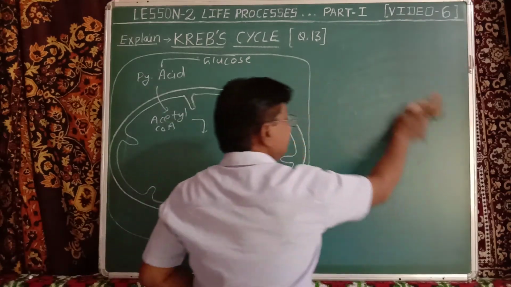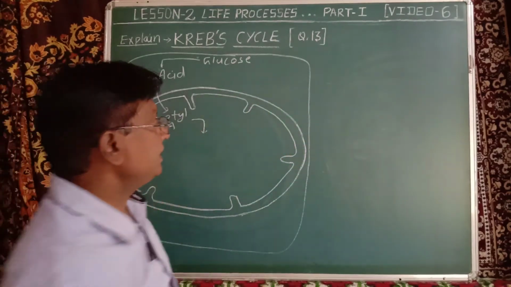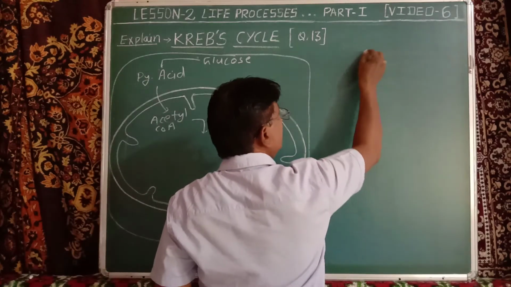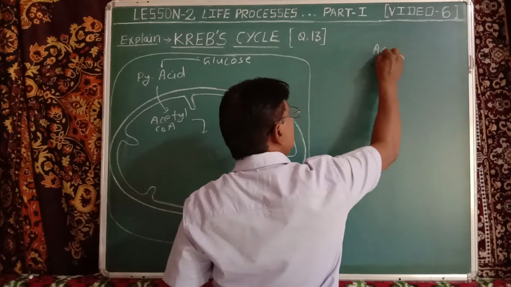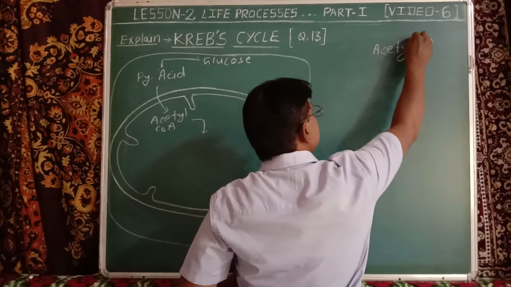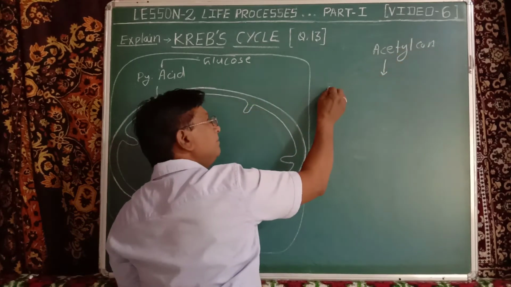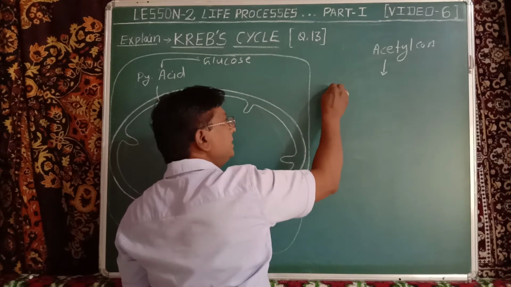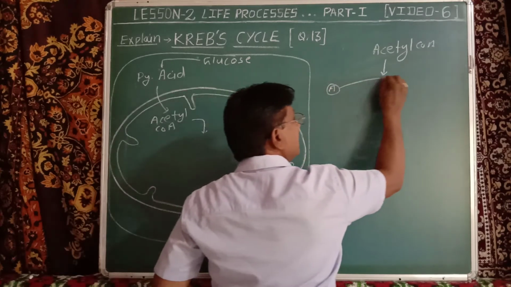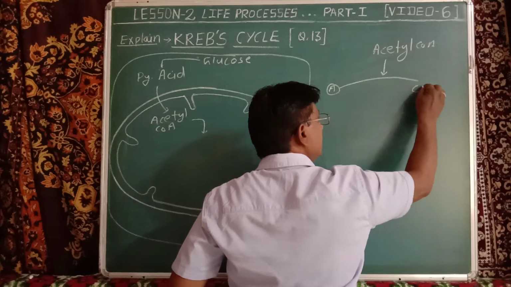During this reaction, the chemicals which are formed, for example, here is acetyl-CoA. This acetyl-CoA reacts with a compound, any compound, for example A, and it forms a chemical called citric acid.